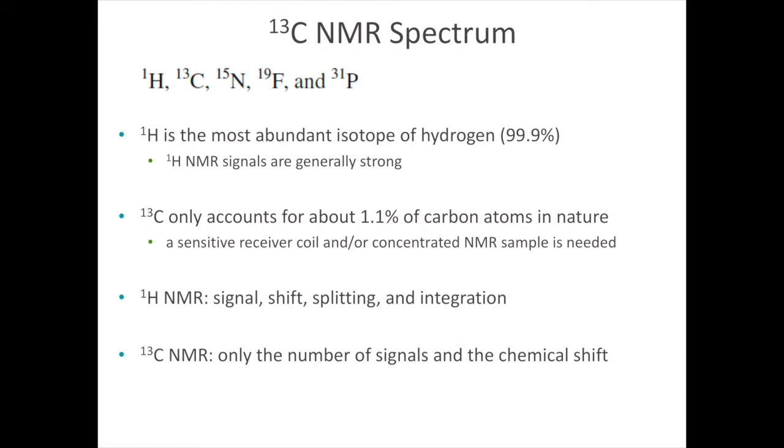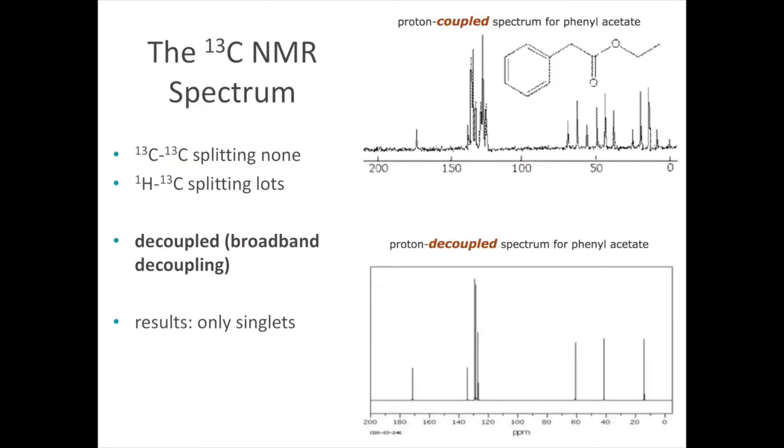In contrast, carbon-13 NMR is quite limited. You only get the number of signals and where they are, the chemical shifts. So in a sense, this is great because there's less to interpret, but it's quite limiting because you would get less information out of carbon NMR.